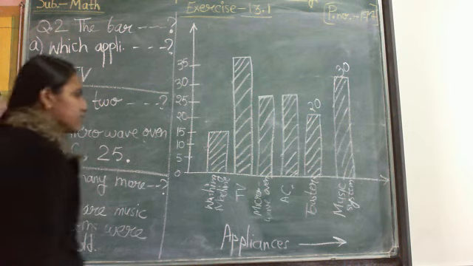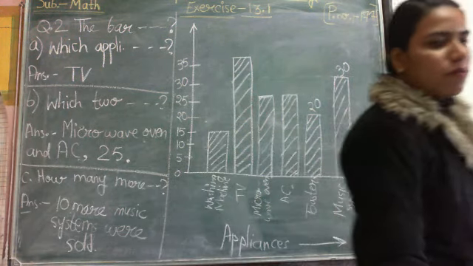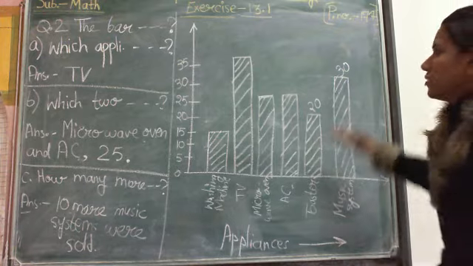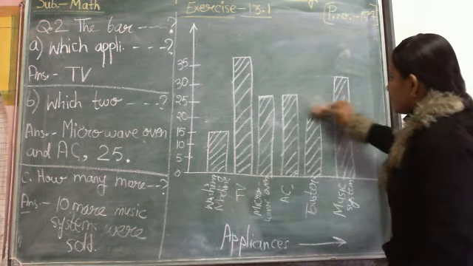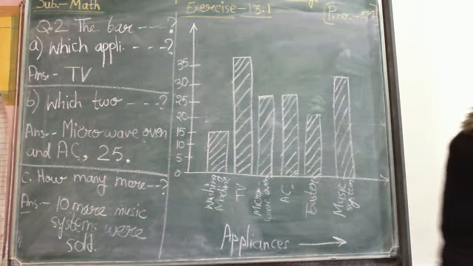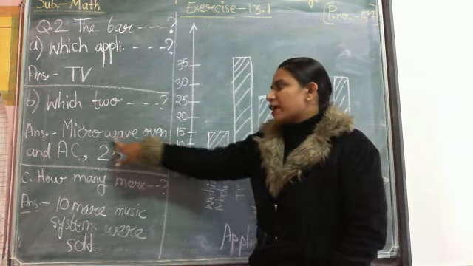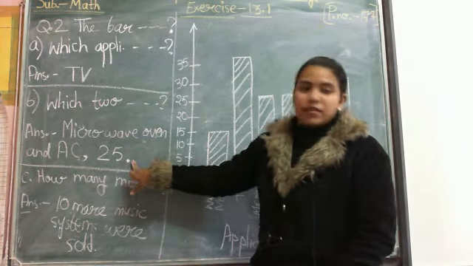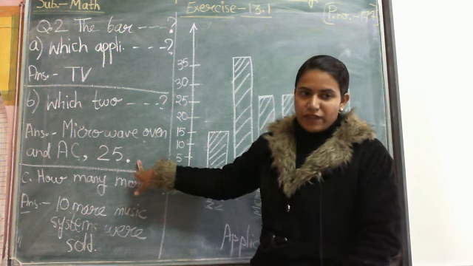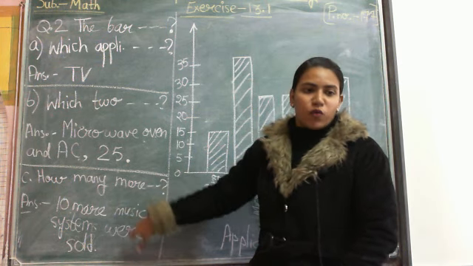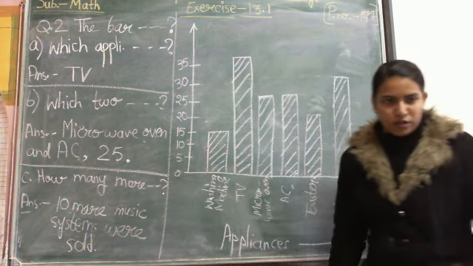Or you can write just 10, it would be correct. 10 more music systems were sold. So this is the final answer. Answer A is TV, answer B is microwave and AC, and how many, 25 items. How many more? So 10 more music systems were sold.